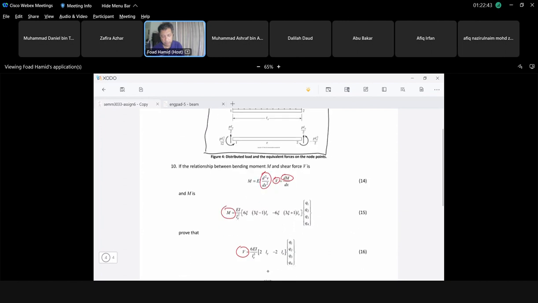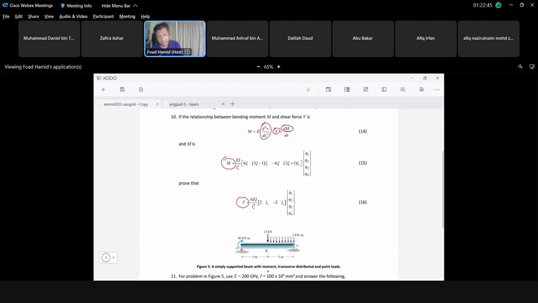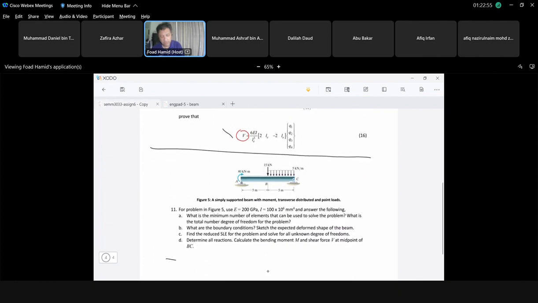So finally we are done. We know what the moment is, we know what the shear force is, and then you apply everything that you have derived to this. I think this is a good exercise for you to do manually and to compare with NFIT.